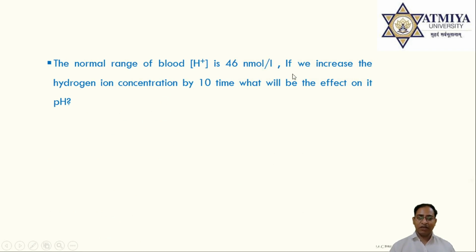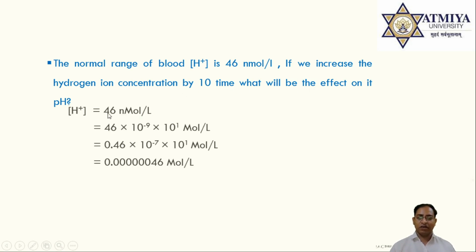Say, for example, if we increase the hydrogen ion concentration in blood by 10 times, what will be the effect on its pH? Let's calculate it. The hydrogen ion concentration is 46 nanomole per liter. If I increase the hydrogen ion concentration 10 times, I multiply by 10, which gives 0.46 times 10 to the power minus 6 mole per liter.